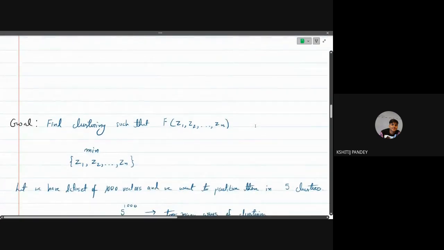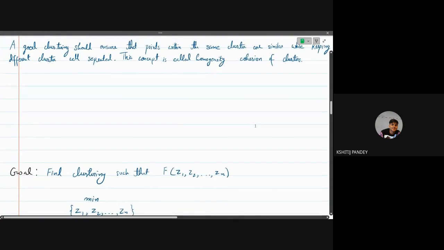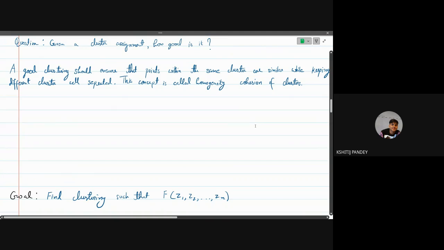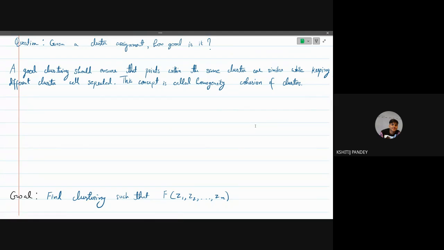So now the goal has changed, right? We know that if points belong to the same cluster, then they will be similar to each other. And when can you say that two points are similar to each other? You can say that when the distance between two points is less.